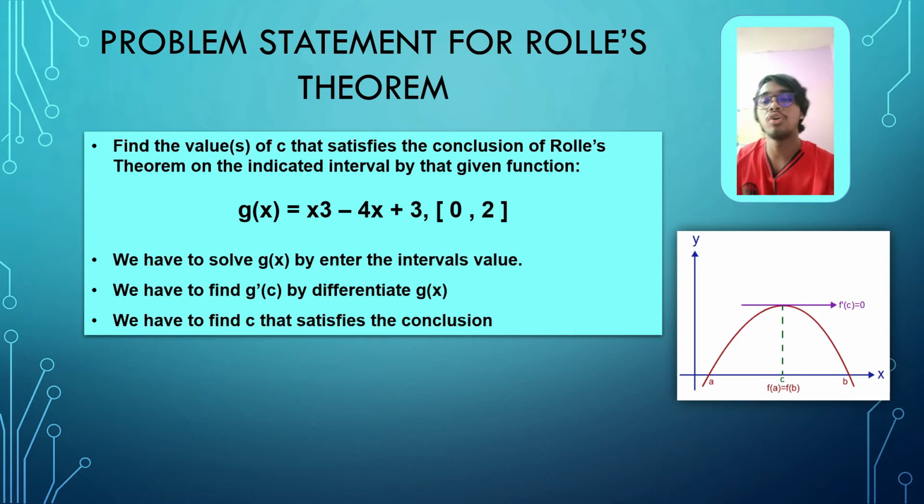Problem statement for Rolle's theorem. We read the equation g(x) equals x to the power of 3 minus 4x plus 3, on the interval [0, 2]. Okay, firstly we have to solve the g(x) by entering the interval values into the equation.